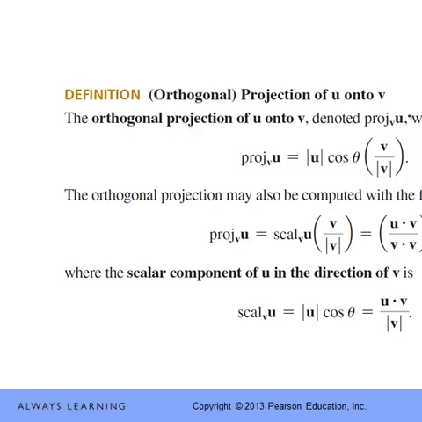So if we want a vector that's parallel with the v vector and that has the length of that scaling factor, then we just take vector v divided by its magnitude times that scaling factor. Now remember what the scaling factor of u onto v is. That was magnitude u times cosine of the angle between them. So when you take that together with the v over magnitude v, then you get this calculation right here.